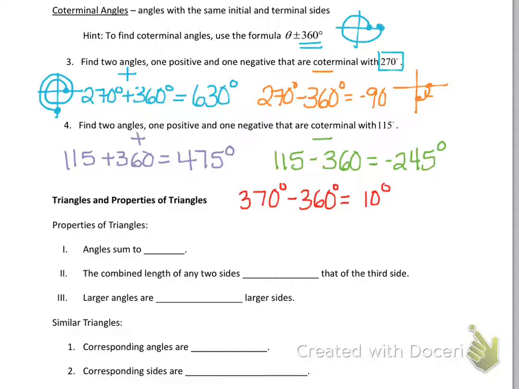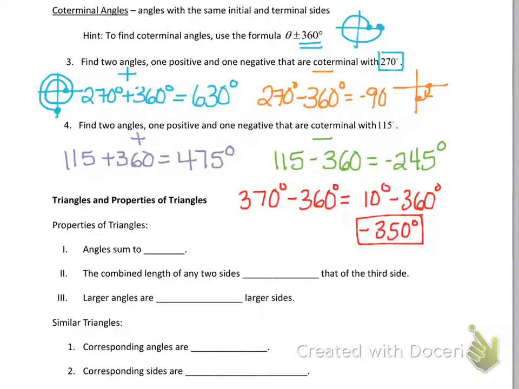So what I have to do is subtract 360 again, which will give me negative 350 degrees. So now I do have a negative coterminal angle. So we can keep adding and subtracting 360 degrees to any beginning degree, and we will end in the same position. So there's infinitely many coterminal angles to any beginning angle that is given.